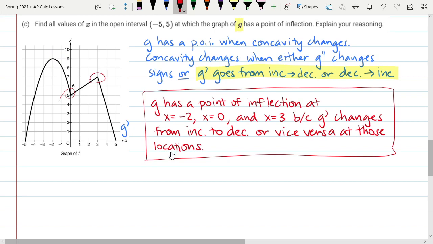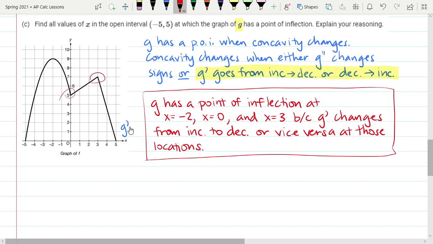G is some function whose graph we don't even know. What you're looking at here is the graph of the derivative of g. So what you have to try to separate for yourself is, as soon as you recognize that the graph you're looking at is the graph of the derivative, you cannot describe the same behavior of the derivative graph as the graph of its original function.